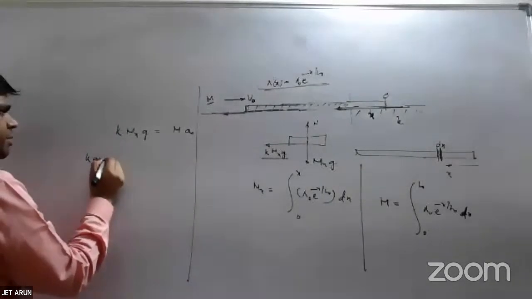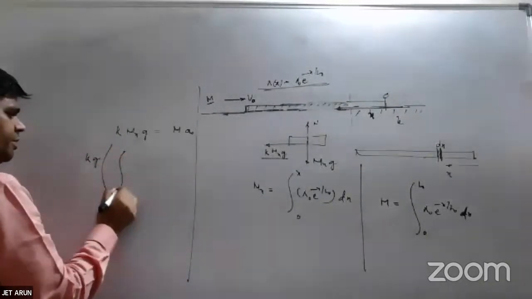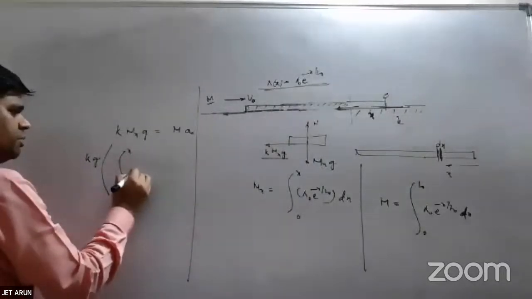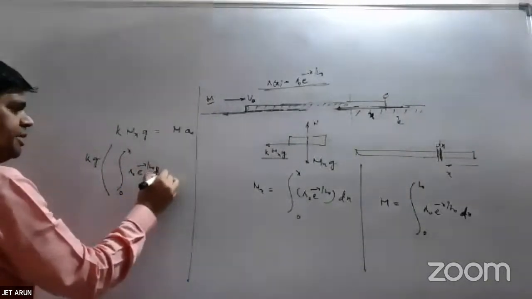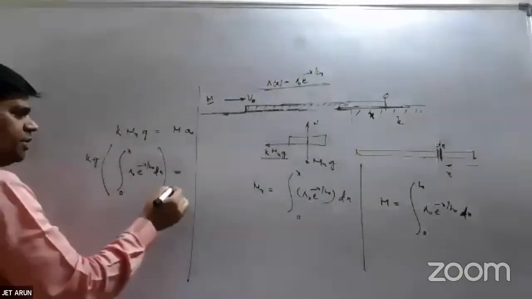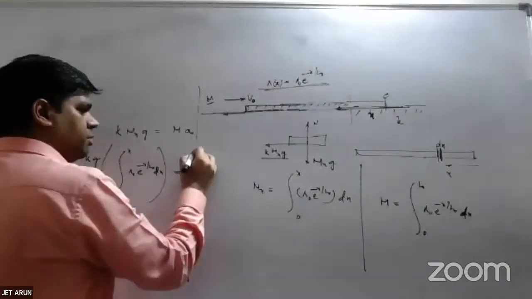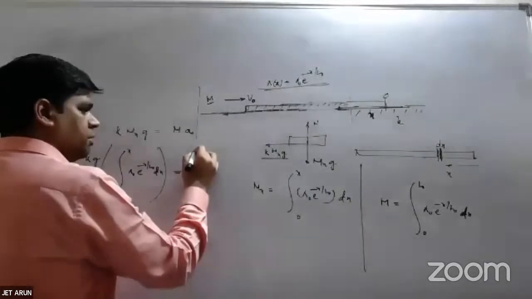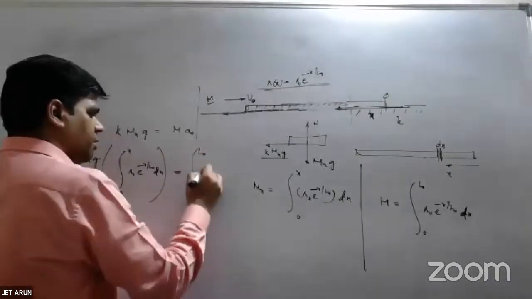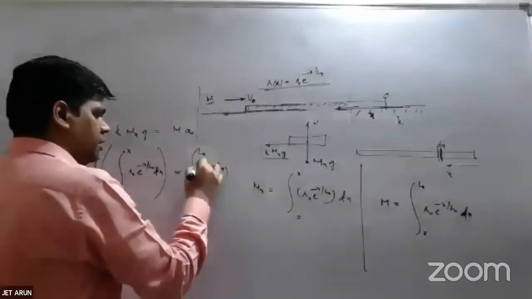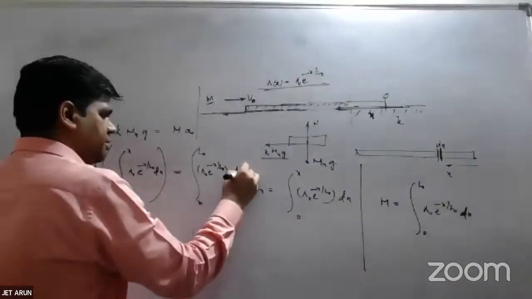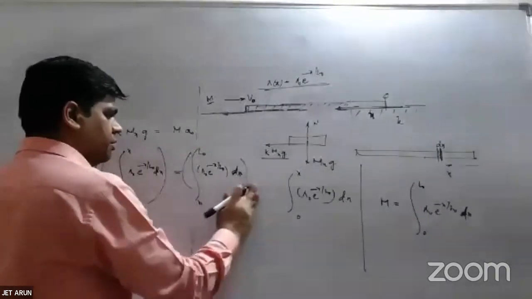Mu g times integral 0 to x lambda naught e power minus x by l dx is equal to integral 0 to l lambda naught e power minus x by l dx times a.